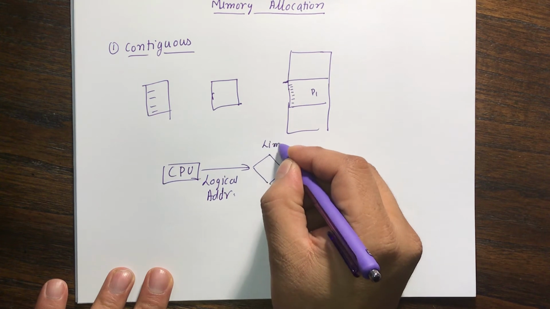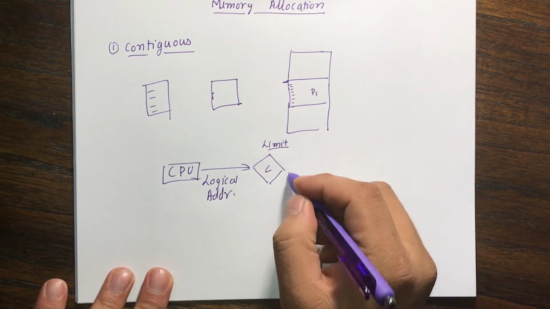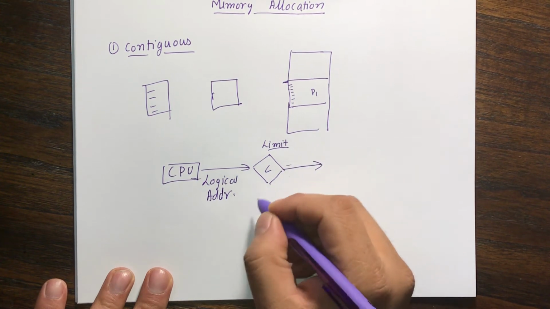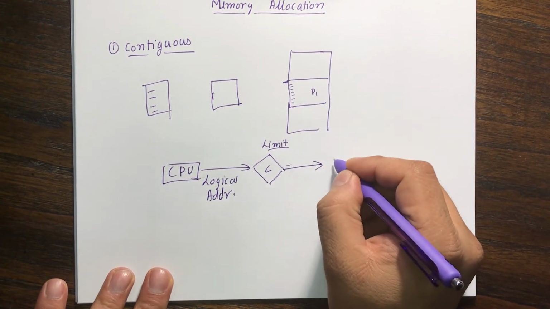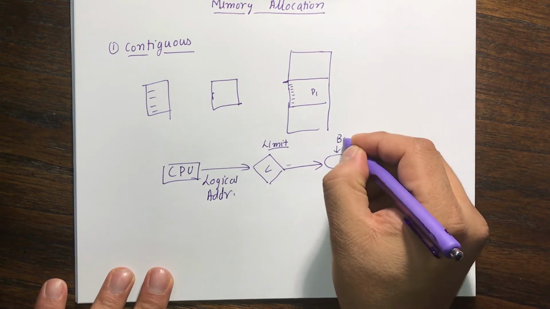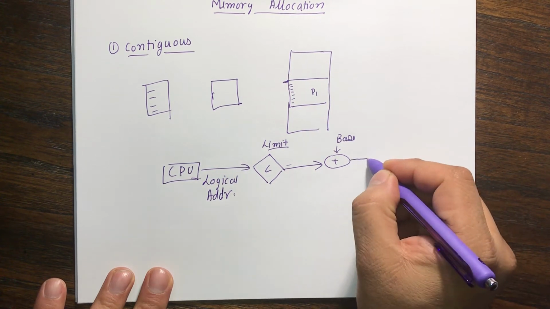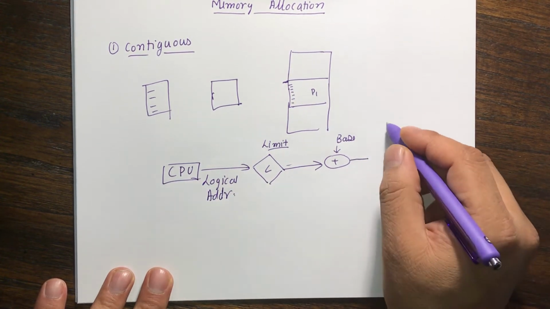It'll check it against the limit. If it is below the limit, then it will figure out where your relocation base address is, and it'll add whatever address the CPU says to it.